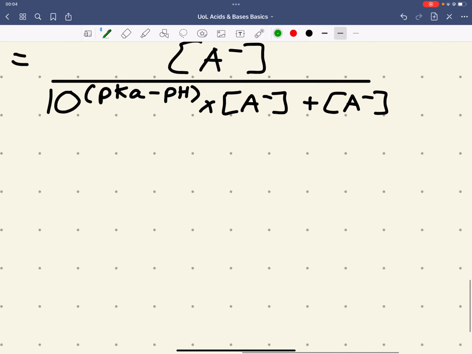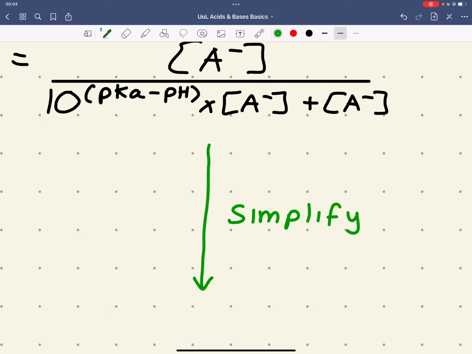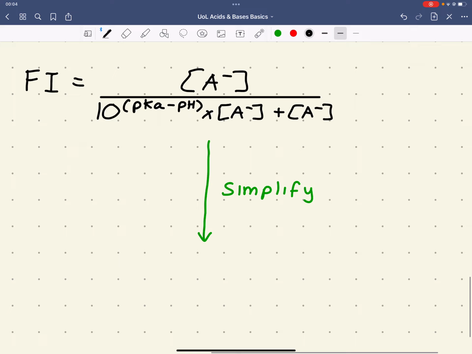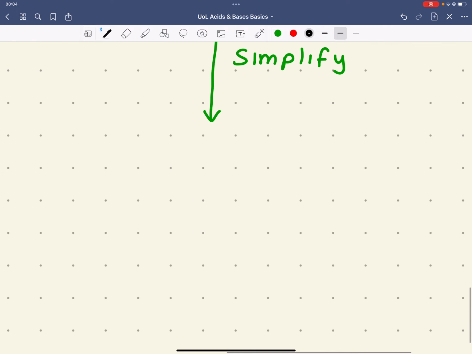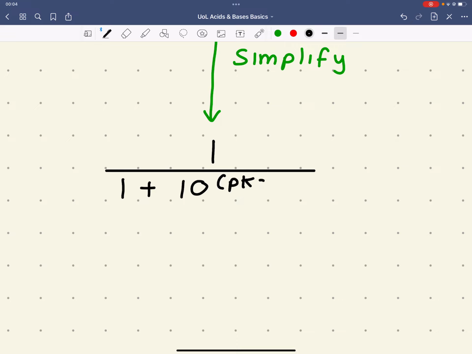Now this can be simplified and we can get rid of all these A minus terms. That simplifies to 1 over 1 plus 10 to the pKa minus pH.